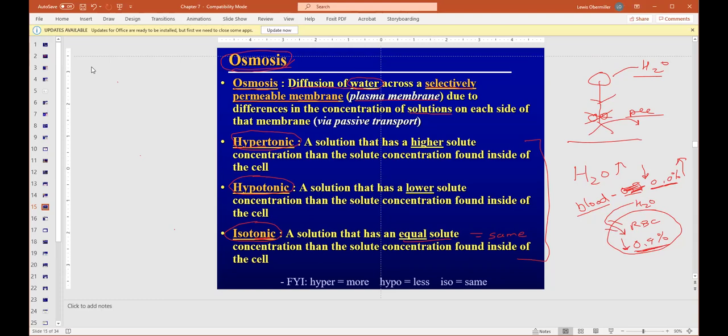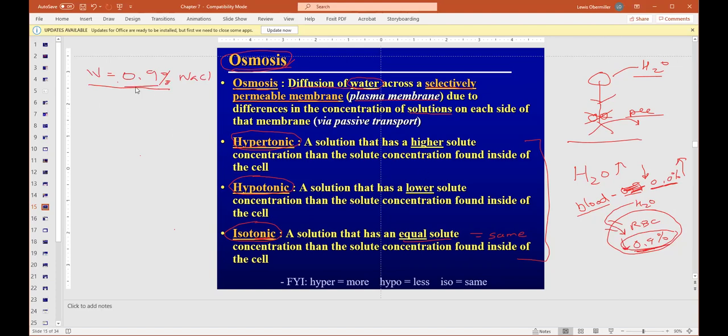So what do you think the percent of salt they would use in an IV? It would be 0.9. Yeah, you want it to be the same so that water doesn't come out and dehydrate your cells or go in and cause them to burst. So IVs are 0.9% salt to match what's in your cell.